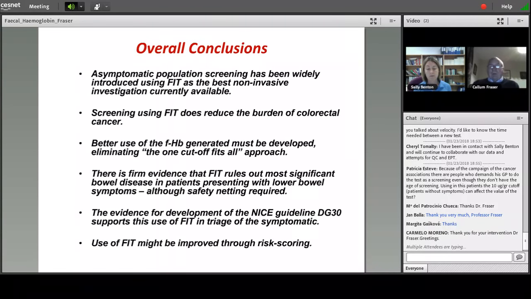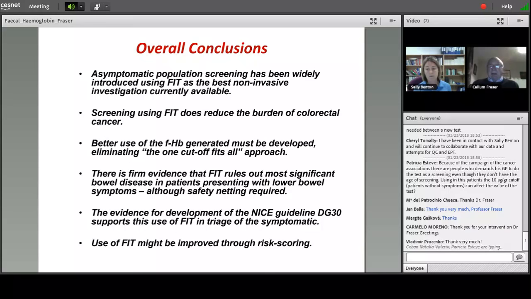And I would certainly, if I were a general practitioner or a clinical colleague and a patient turned up and said, I want to be screened and they were outside the screening age, I certainly would not give them a FIT and expect our laboratory colleagues to give a report with a cutoff of 10.